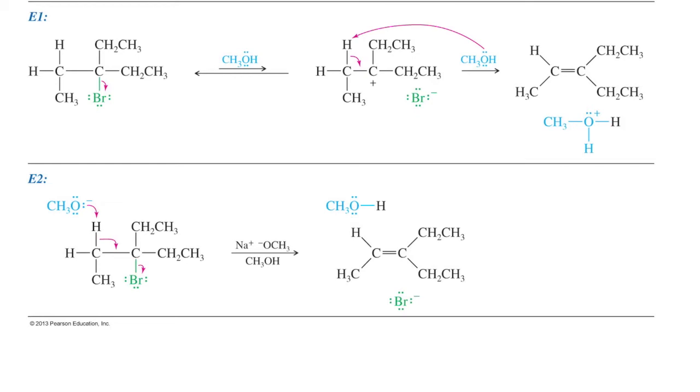Elimination reaction. So E1 and E2 reactions. How do elimination reactions work? Elimination reactions work for alkyl halide, RX, and alcohol, ROH, with the presence of acid for alcohol, and base or alcoholic base for RX.